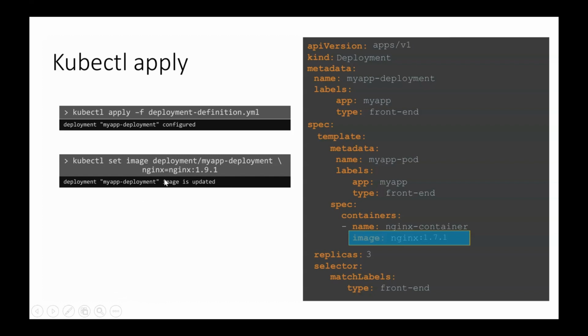You can also update this image with the command kubectl set image. This is the deployment name, and nginx is equal to nginx 1.9.1. This way your image will be updated.